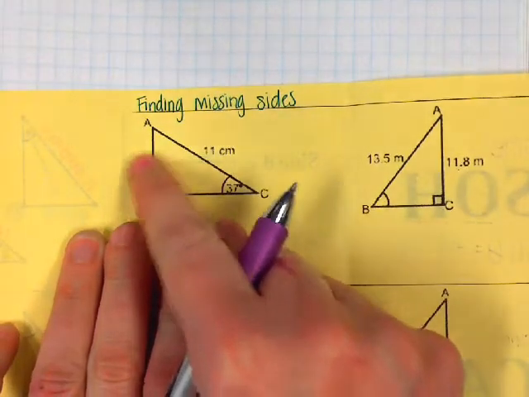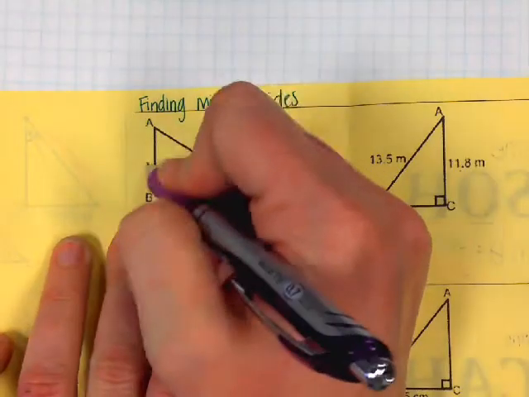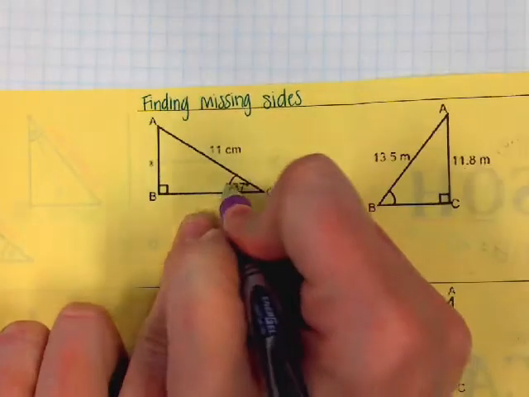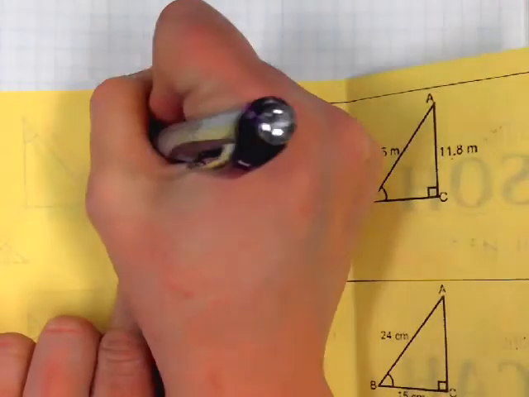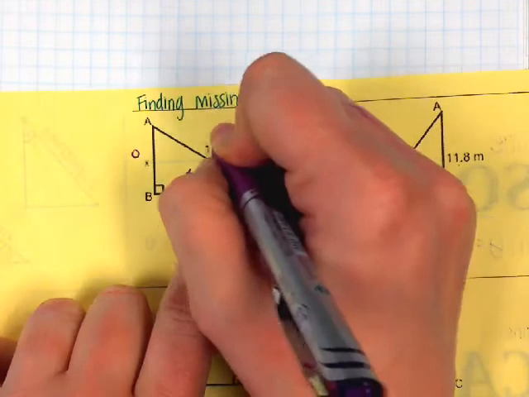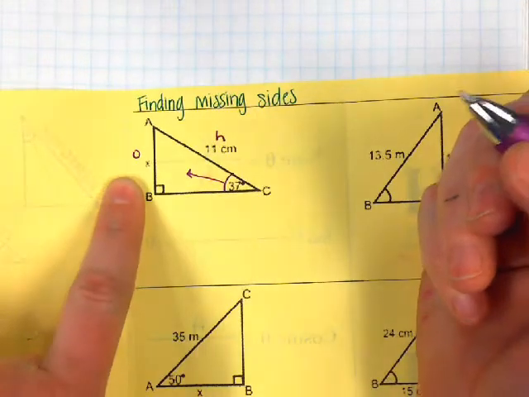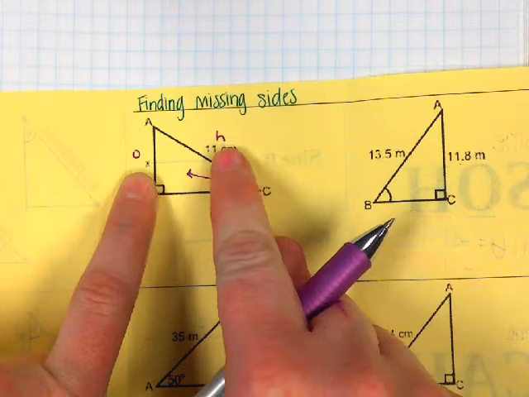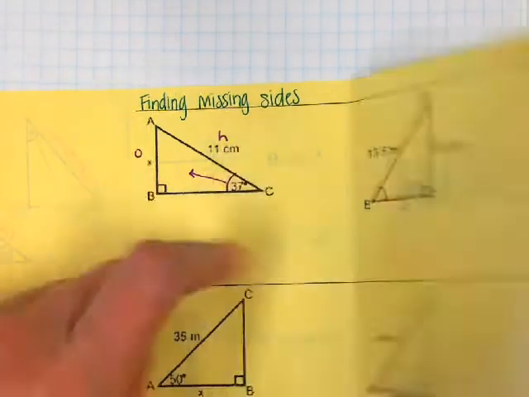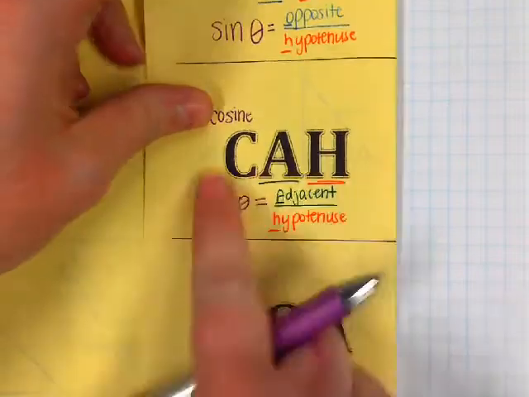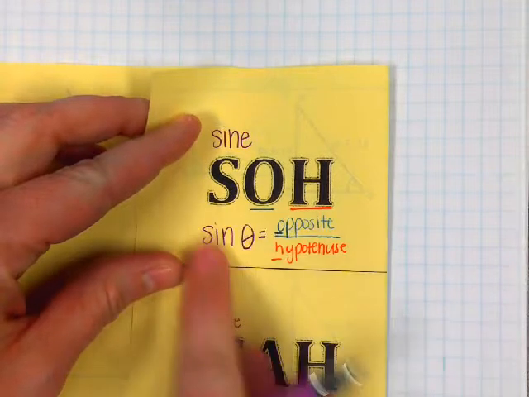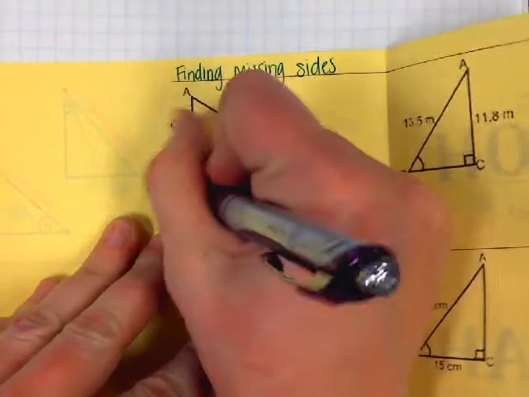If I'm looking for side X in reference to this angle, notice that over there is the opposite, so I'm going to say O, and then the 11 is across from the 90, so that's the H. So then what you need to think about is which one uses opposite and hypotenuse. That's why we say SOH CAH TOA. The one that uses opposite and hypotenuse is sine.